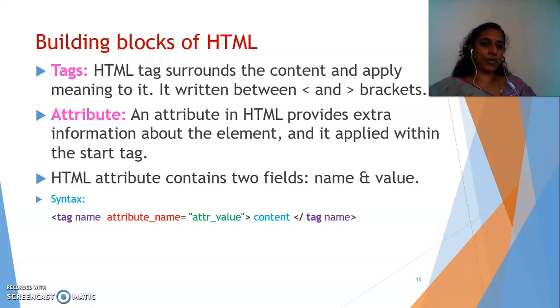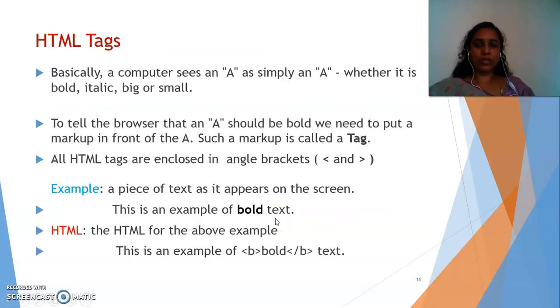So if you wish, you can apply these attributes. Just like if you want some color to be given to the text, you can use an attribute called color is equal to black, is equal to red, is equal to blue, right? That's a small example. Then followed by the closing tag as usual, and the content whatever you want to display in blue color, we are going to write it in between these tags. Okay, so I'll show you with some examples, then it will be much clearer.